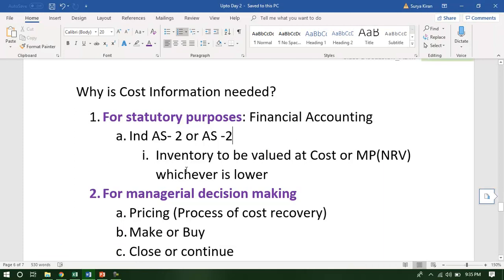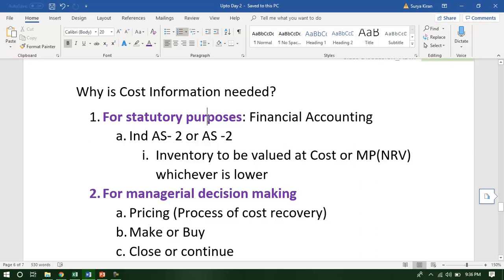First, a question that we'd like to address is why is cost information needed? Cost information is needed for statutory purposes and for managerial decision making. For statutory purposes, the cost of the inventory has to be shown in the balance sheet.